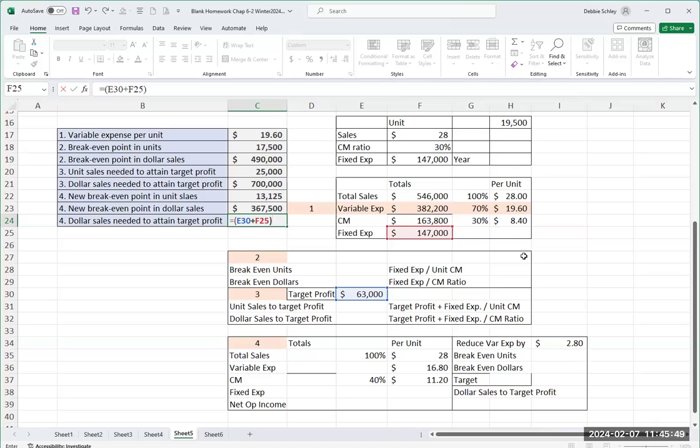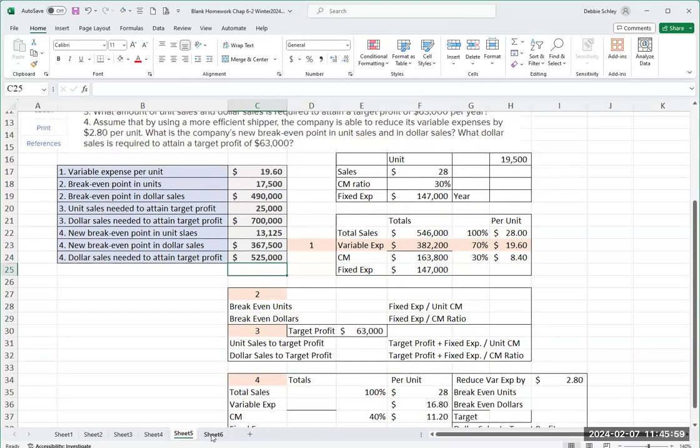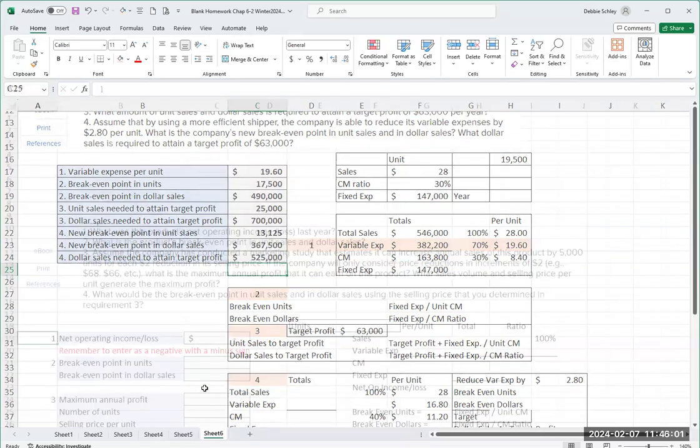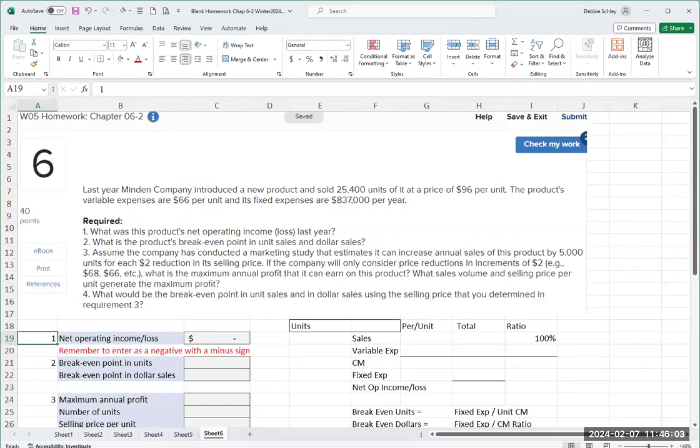So I divide it by the contribution margin ratio because they want the answer in dollars. Okay, that's question 5. Now, question 6.